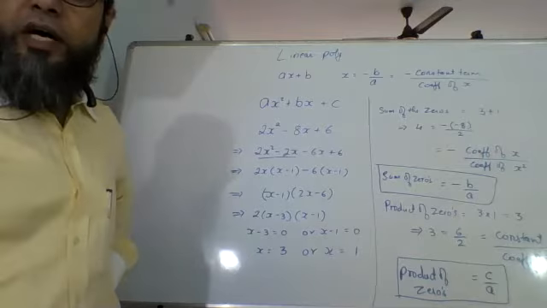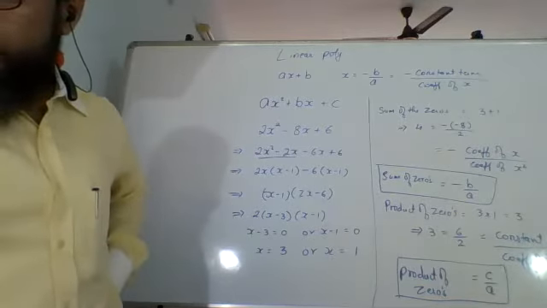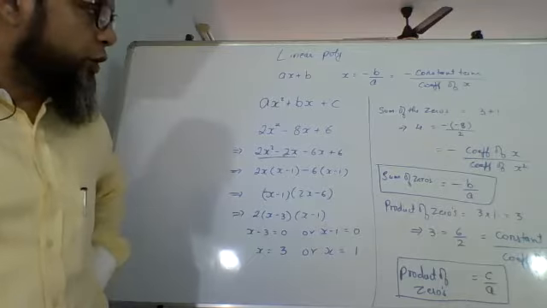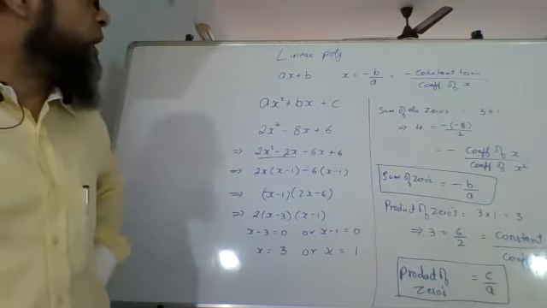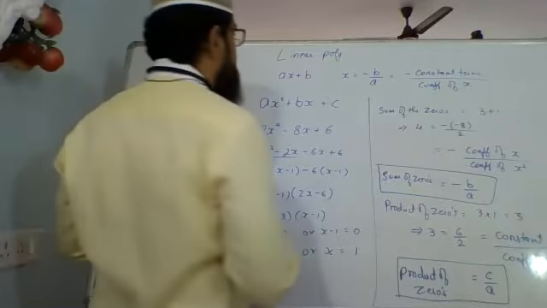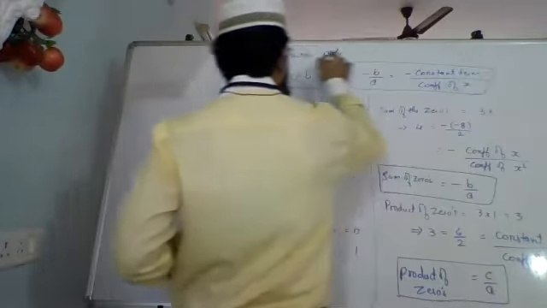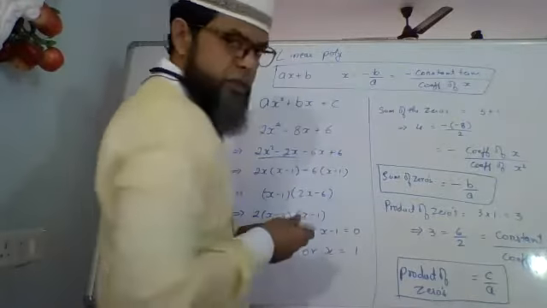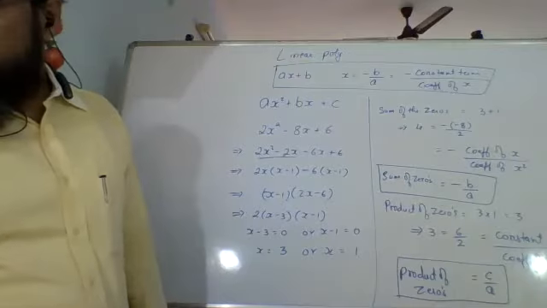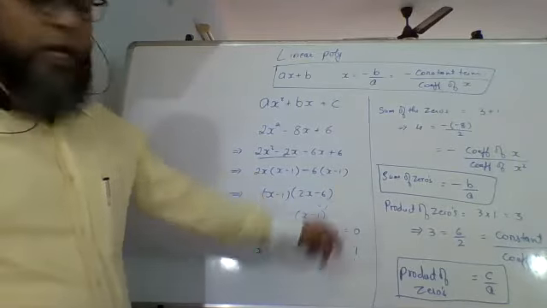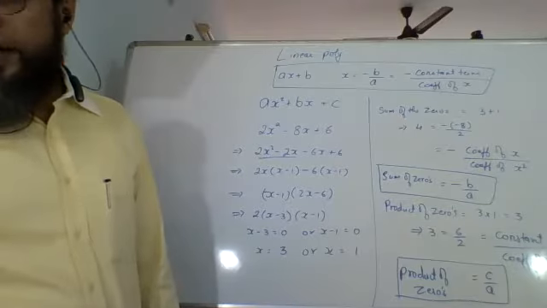So here we have understood the relationship between the zeros of the polynomial and the coefficients. In case of a linear equation, it is simple. Now, in place of sum of zeros, we say let the zeros be alpha and beta.